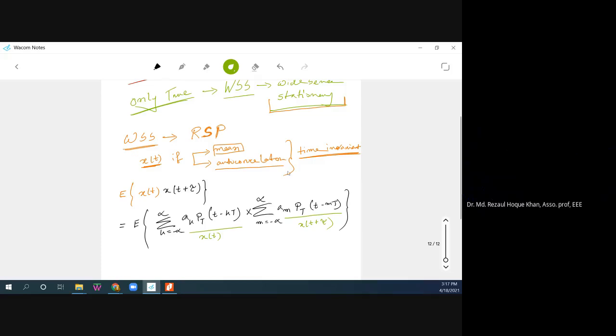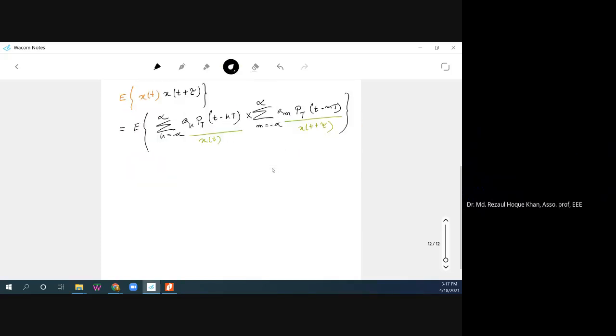So, rewriting it. I missed this part, here it will be t plus tau.